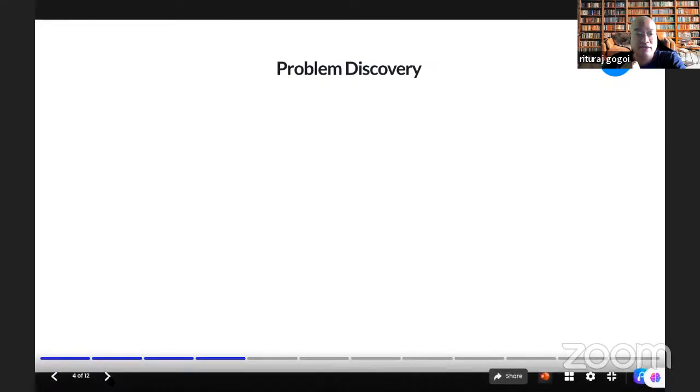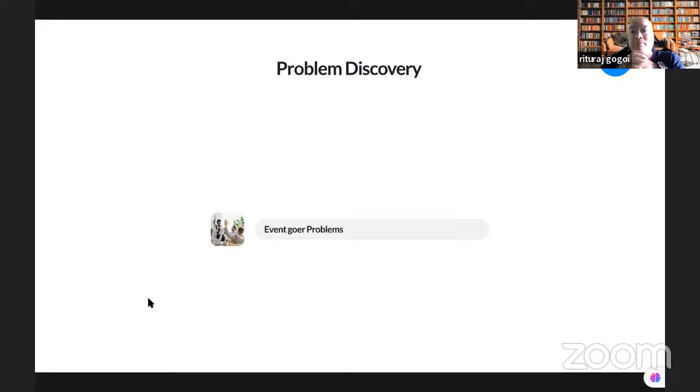But when we actually got down into problem discovery, we realized that the most important set of target users that we needed to build for was actually event goers like you and me, people who would be coming onto our applications for discovery of events, shortlisting of events, and finally purchasing those events.